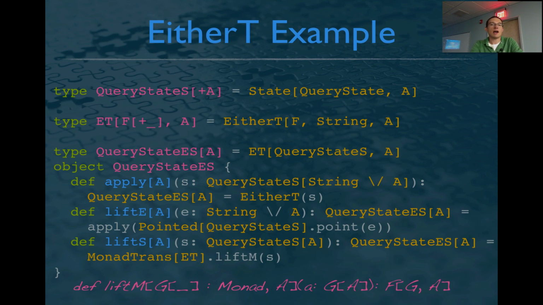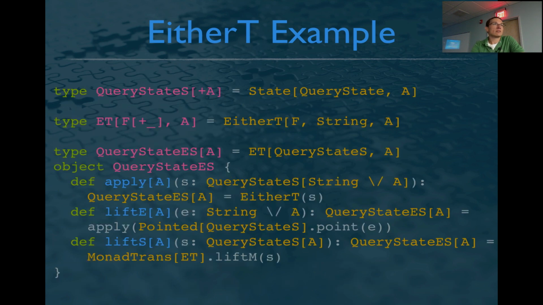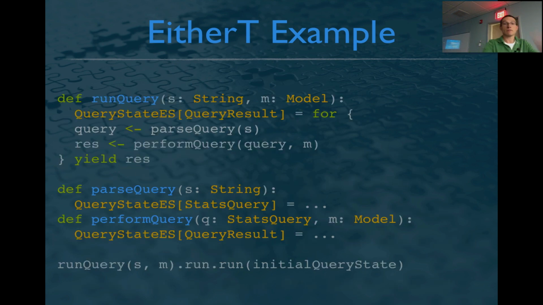Because lift-s and apply are just calling predefined methods. And the only reason I ever define these aliases for those methods is to help the inferencer in cases where it can't figure it out. And by the way, when you have these nice little type aliases and these nice functions that just wrap existing functions, you can do all of this stuff without ever writing a type lambda. So if you really are averse to that syntax and you don't like it, you don't need to use it.